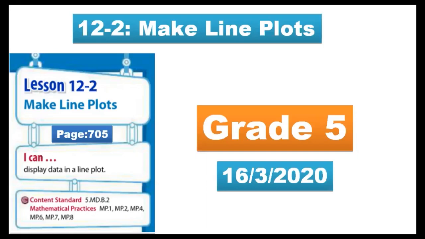Open page 705 and read the title of our lesson today: Make Line Plots. After writing the date of today at the top of the page, start reading our title of the lesson again, Making Line Plots. So in this lesson, we're going to learn a new concept.